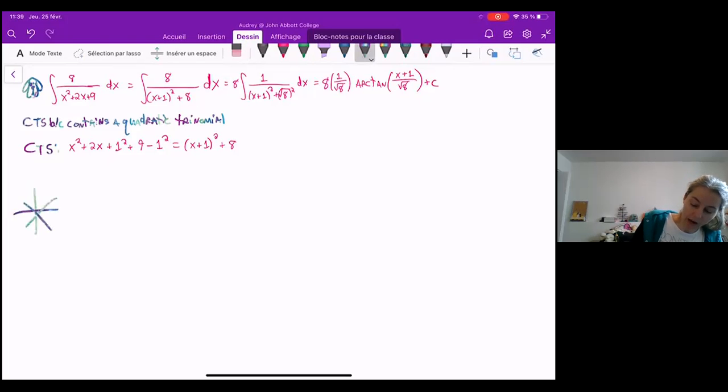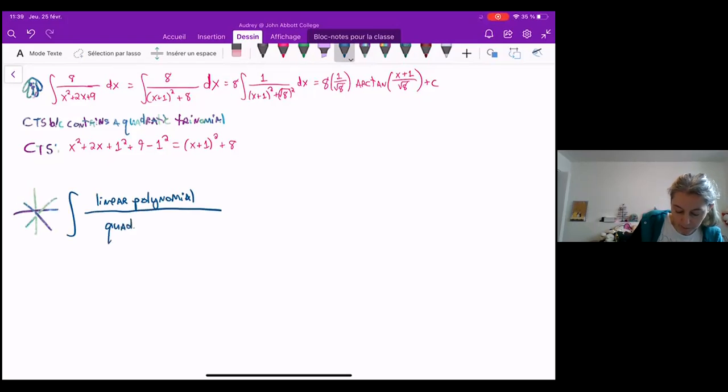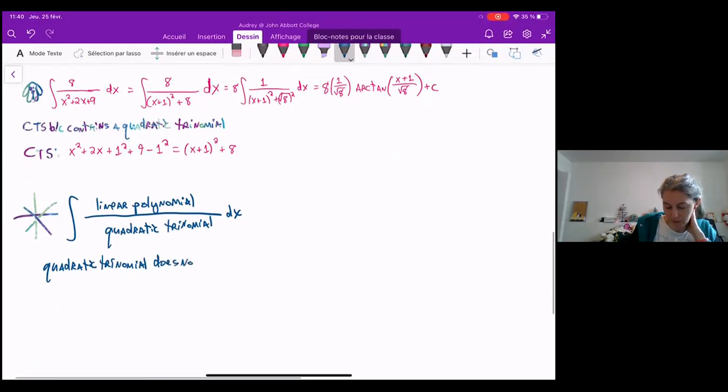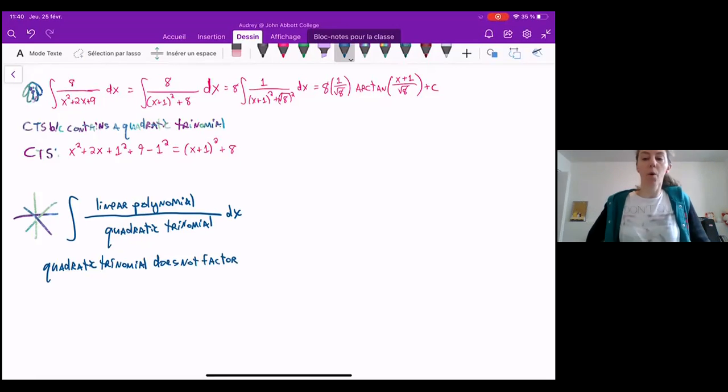If I have an integral that has a linear polynomial over a quadratic trinomial, we can always use this method, but especially if that quadratic trinomial does not factor. Even if it does factor, we can use this method, but the arctan that showed up won't show up.